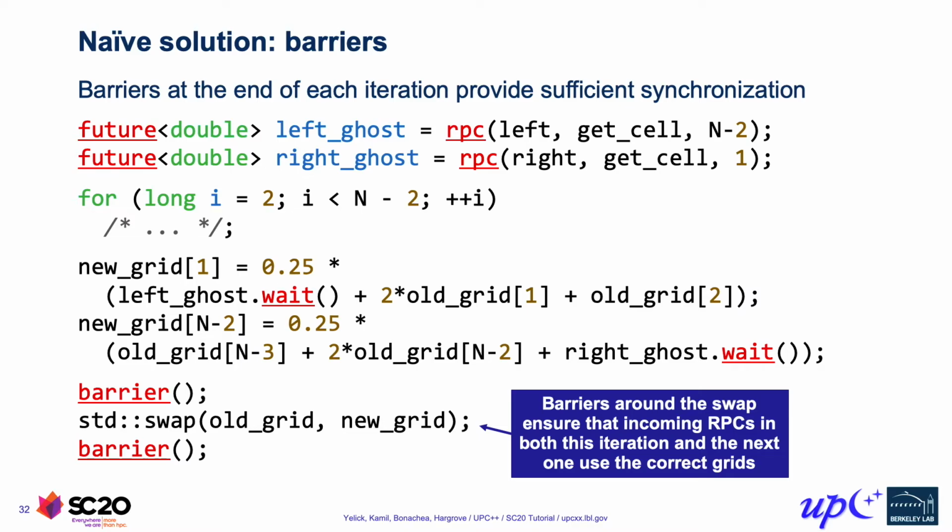So what we illustrated here was RPC and asynchronous communication, and how to overlap communication and computation and what a future represents. RPC is one of the two fundamental communication operations in UPC++, and we use it to move computation to the actual data.